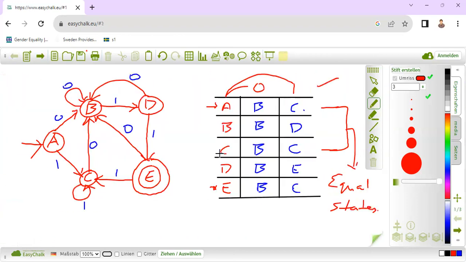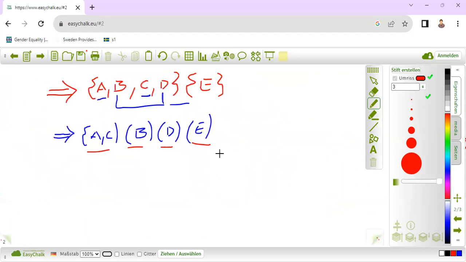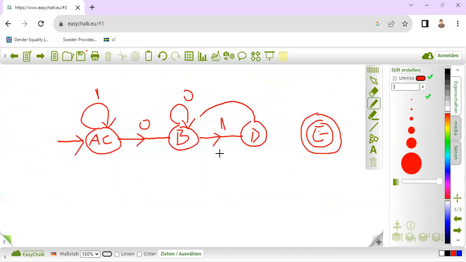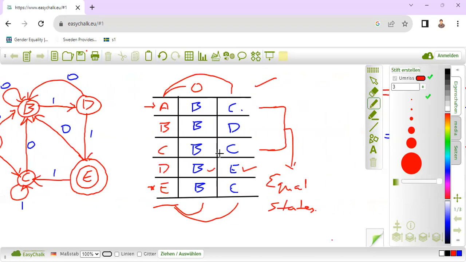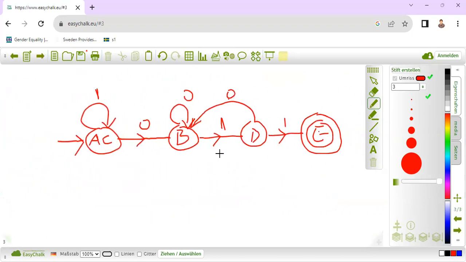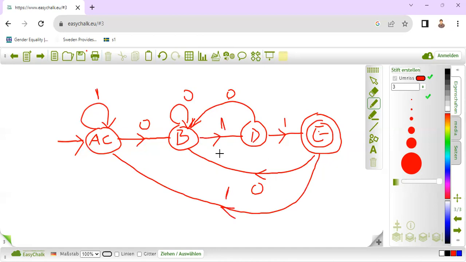And now let's see for D. D with 0 is going to B, and with 1 it's going to E. So we'll trace back to B with input 0, and D with input 1 will move to E. At last, for E, with input 0 it's going to B, and input 1 is going to C, which will go to AC.